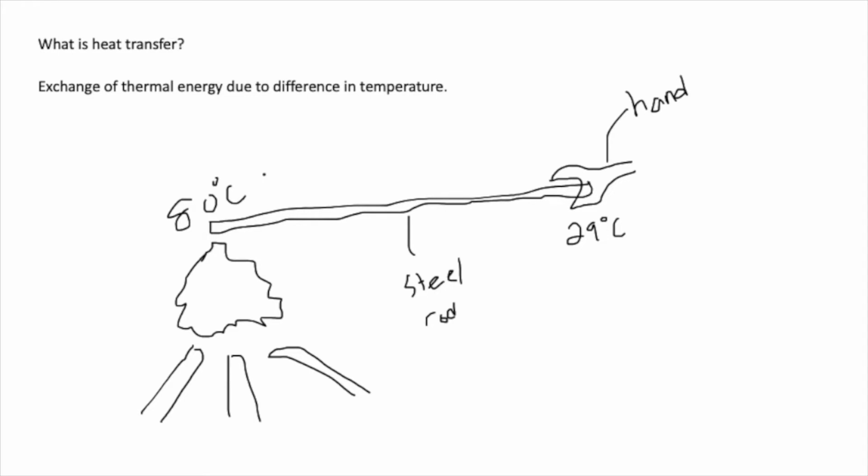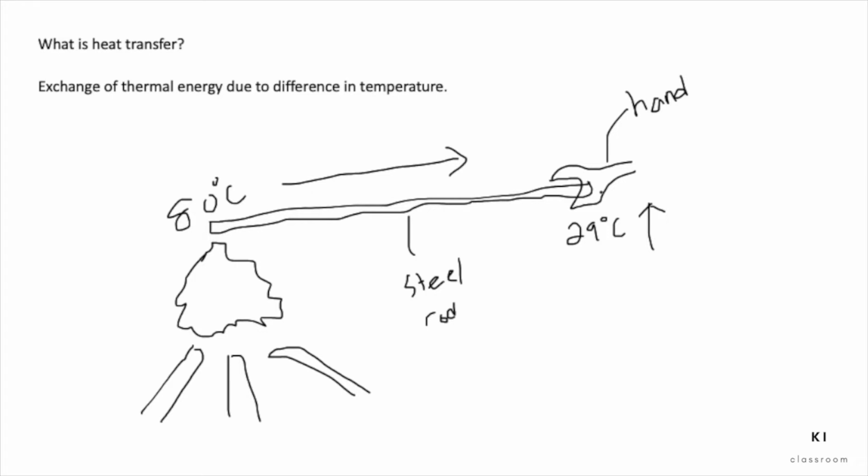I mean, heat transfer happens in our lives every day, okay? So by experience, what's gonna happen? Eventually, heat is going to transfer from the high temperature side to the low temperature side. So what happens is the low temperature side will rise up and become hotter.